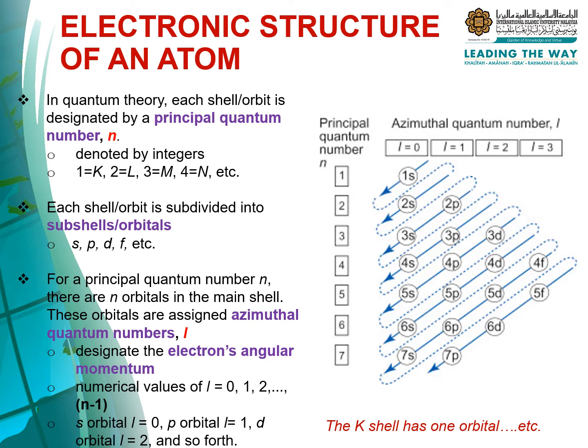For the principal quantum number n, there are n orbitals in the main shell. These orbitals are assigned the azimuthal quantum number l, which designates the electron angular momentum. The numerical value of l is 0 for an s orbital, 1 for a p orbital, 2 for a d orbital, and so forth.